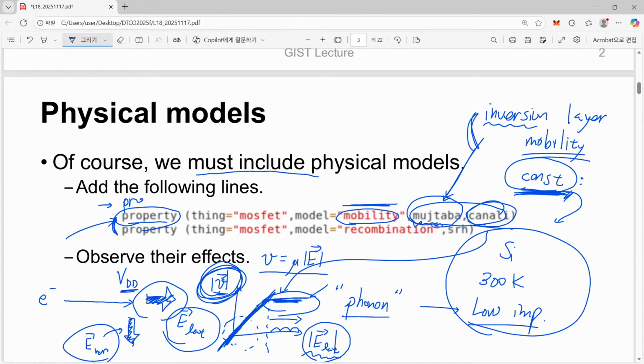So when we apply too high an accelerating force, that does not increase the final speed of our electrons. So simply speaking, this effect is considered in this Canali model. So you must include these two.